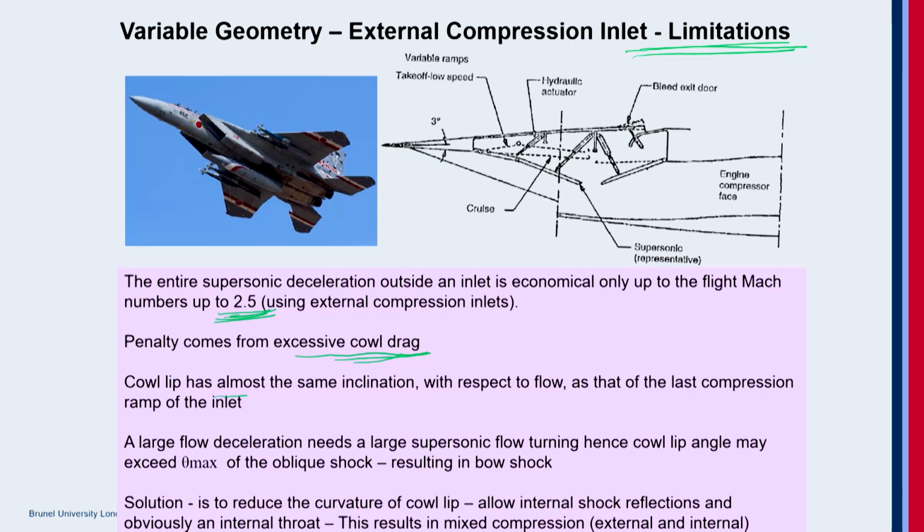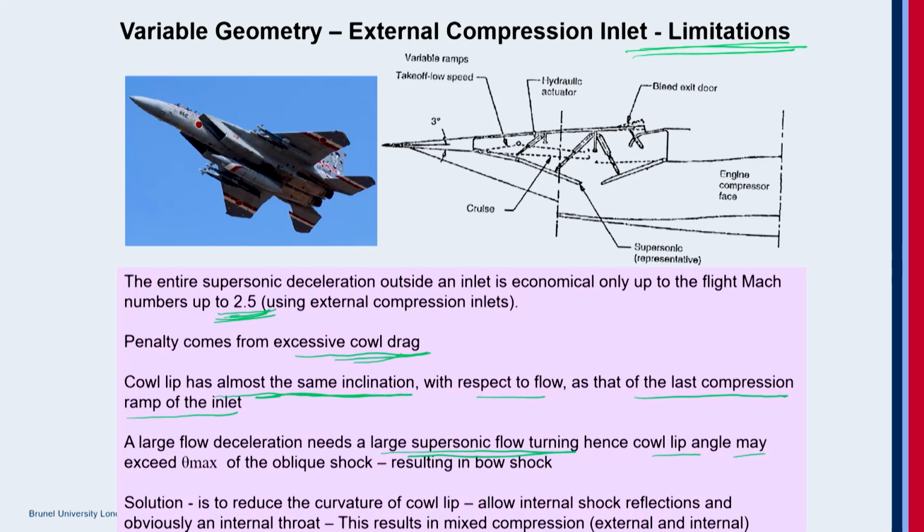The cowl lip has almost the same inclination with respect to the flow as that of the last compression ramp of the inlet. This is exactly what I did mention. It's almost turned such that the last compression ramp and the cowl lip are almost in line, so there is no oblique shock to hold on to. Large flow deceleration needs a larger supersonic flow turning.